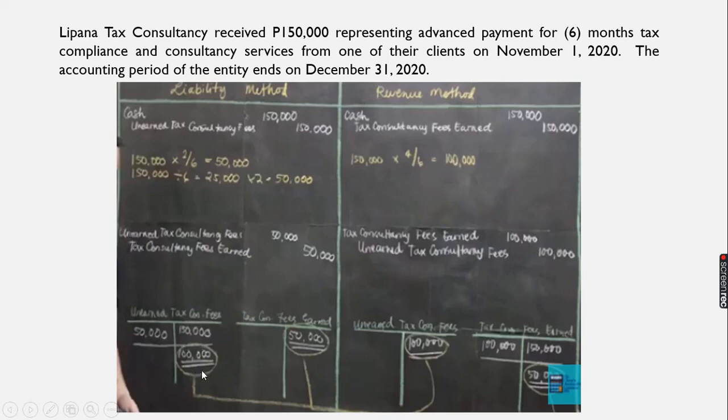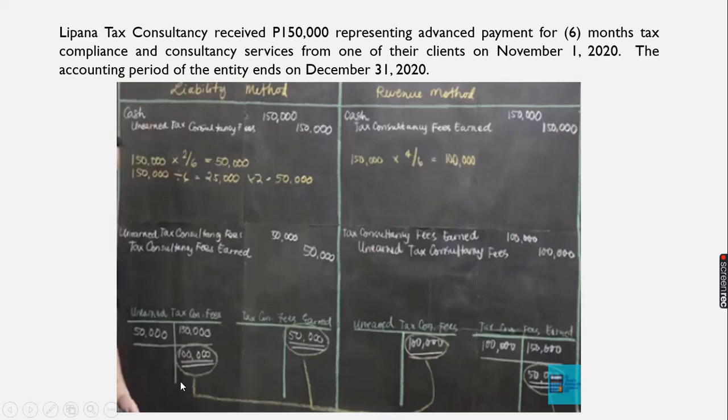So, may balance pa siya na 100,000 dun sa unearned tax consultancy fee niya. Kasi 2 months lang yung kinuha niya. Kasi, yun lang naman yung na-earn niya. 2 months lang. So, may 4 months pa siya sa na balance na kailangan i-perform para makuha ulit niya para ma-earn niya yung 100,000. Okay?